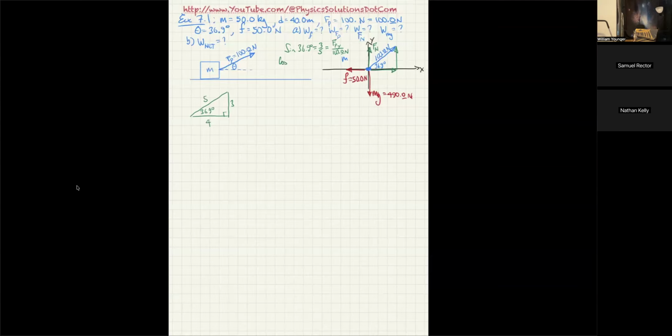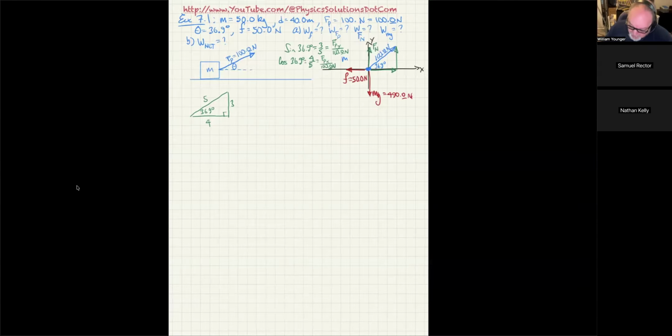Similarly, we know that cosine 36.9 degrees is equal to 4/5, which is 0.8, but that's also equal to FP sub x over 100.0 newtons. Again, that extra zero is not a sig fig.